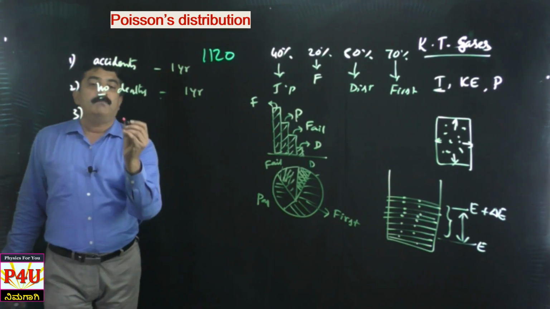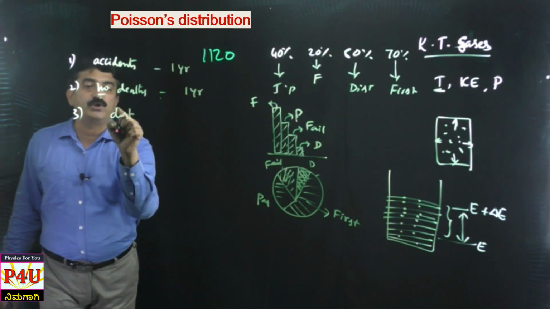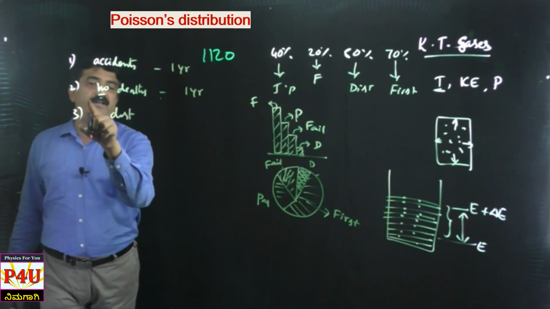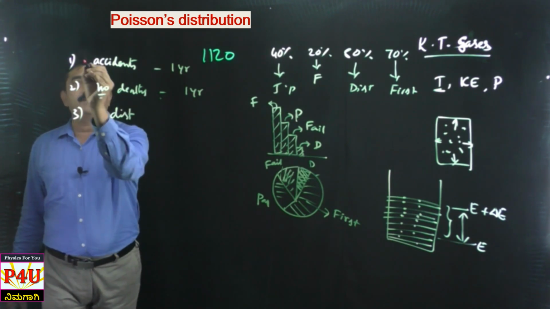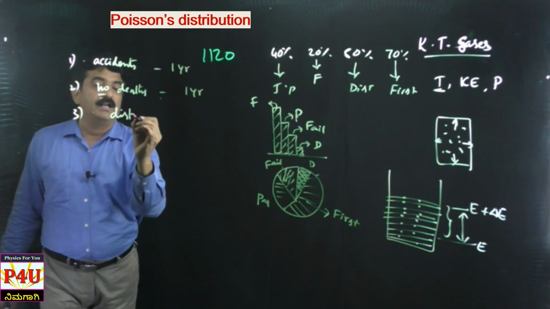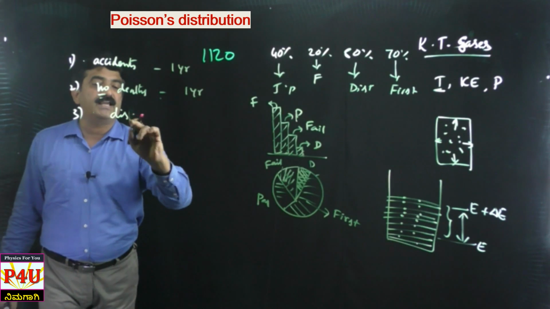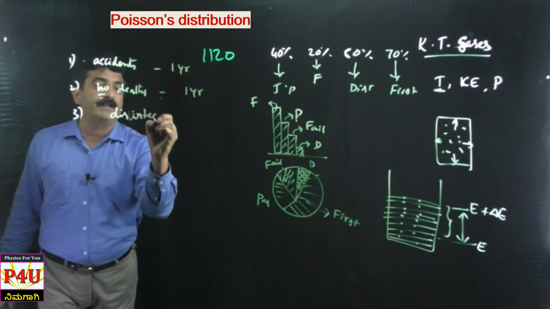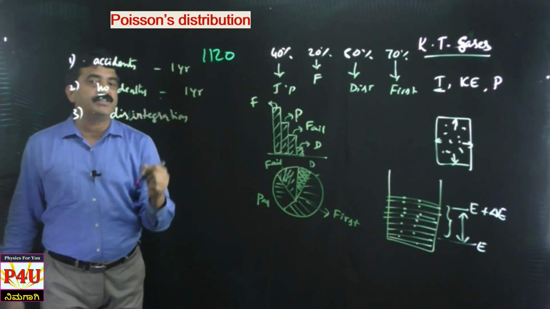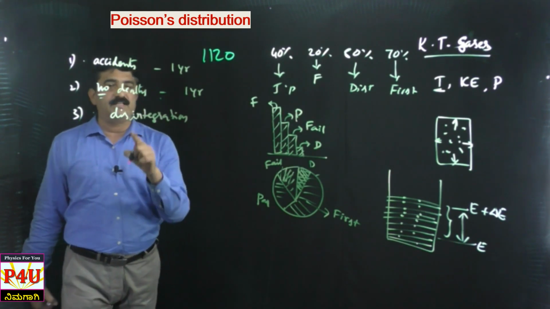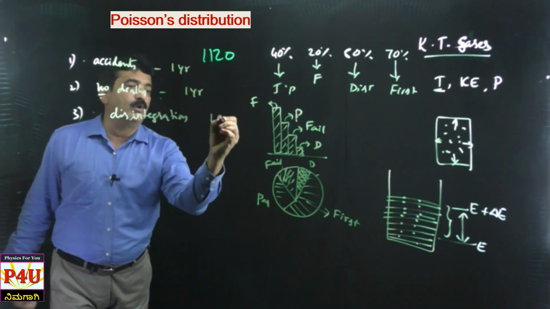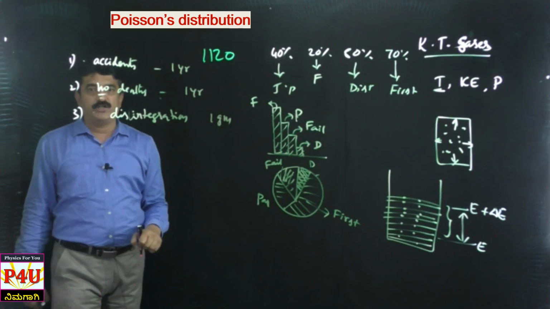Next, number of disintegrations. I should write number everywhere. Simply I am writing like this. Assume that there is a number here also. Number of disintegrations. Where do you come across disintegration? In radioactive substance. Number of disintegrations in 1 gram of substance. Understood?